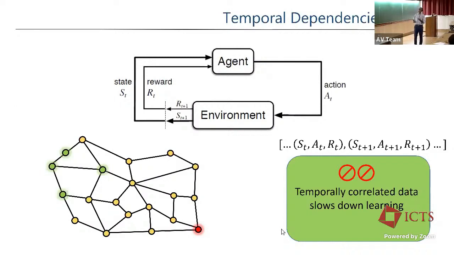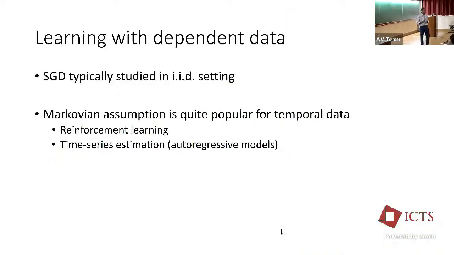These kinds of problems are quite common nowadays, especially with all these large language models, which are essentially modeling sequences. So there again, you would ideally want to take care of the temporal dependencies in the data. And another thing that we want to make sure of here is that, because say in reinforcement learning, this is an online learning system, we would want ideally stochastic gradient type of methods, which do not wait for the entire data to come through.